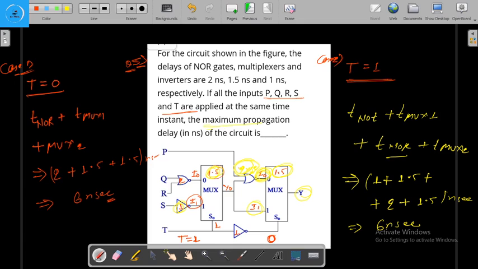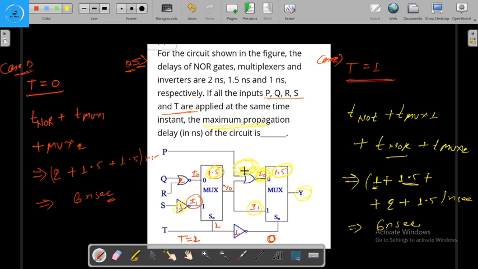It's asking for the maximum propagation delay, right? So for when the t will be equal to 1, we are concentrating on this. Here the delay of the NOT gate is equal to 1 nanosecond, right? Then the delay of the mux is equal to 1.5 nanosecond. Then here will be the 0.